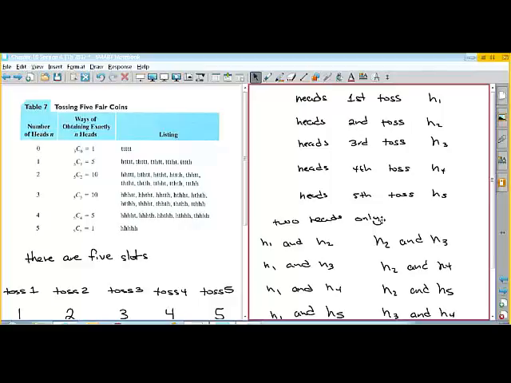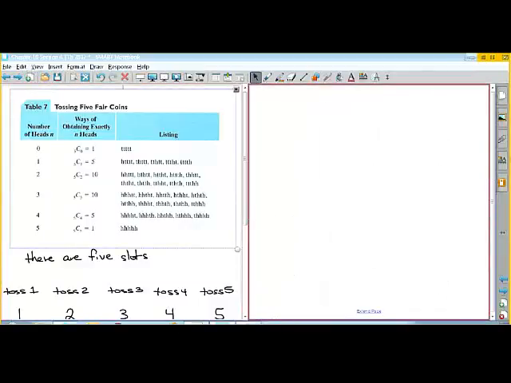By default that means I get tails on the third, fourth, and fifth tosses. If I get heads on the first toss and the third toss, that means the second toss is tails, and the fourth and fifth tosses are tails. If you do that, these are the possible combinations. I'm going to use this as an analogy from what we've done before to show that it's the same concept.